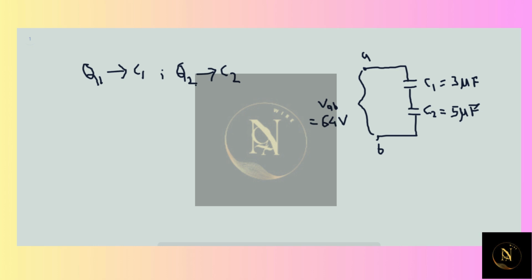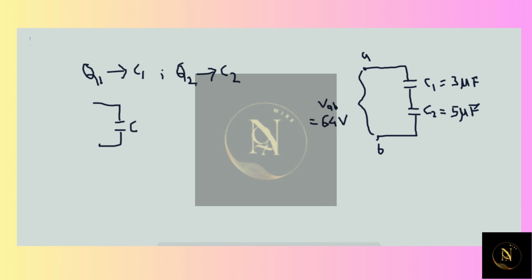So our job is to find the total charge of this combination between the points A and B. In order to find that, we need to know the equivalent capacitance. So if I redraw the circuit, if I simplify the circuit, after simplification, the circuit should look like this.